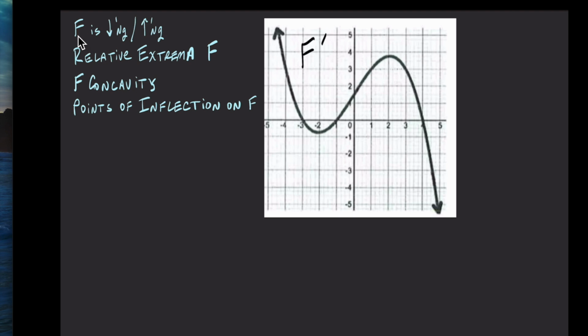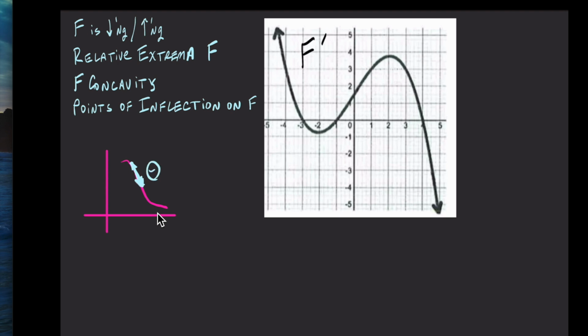Where is f, the parent graph, increasing or decreasing? So if you think about any function that is decreasing on an interval, what is true about the slope on a decreasing portion of f?